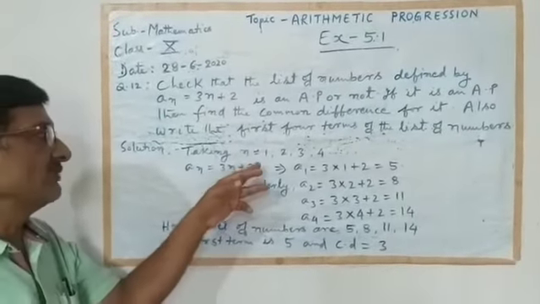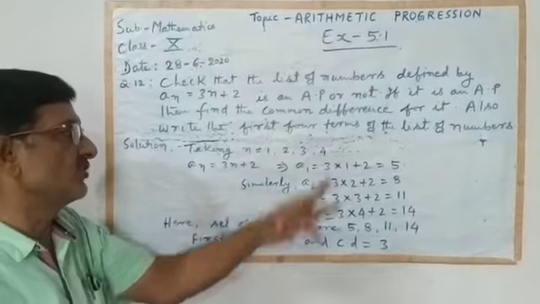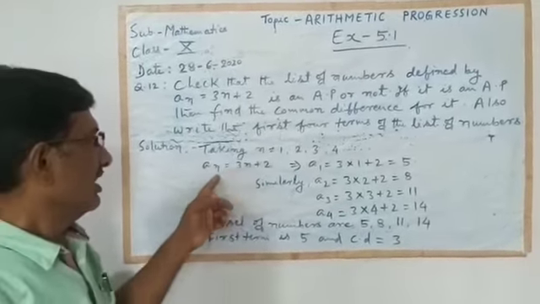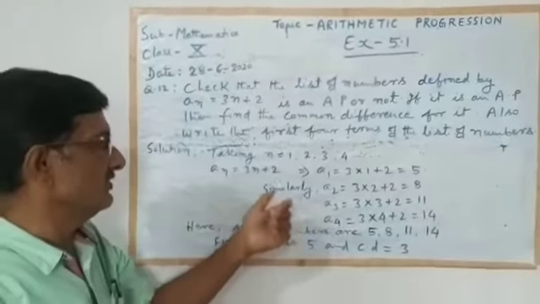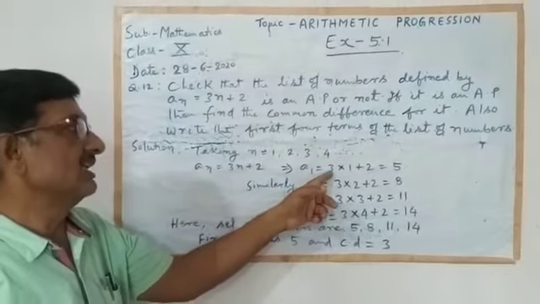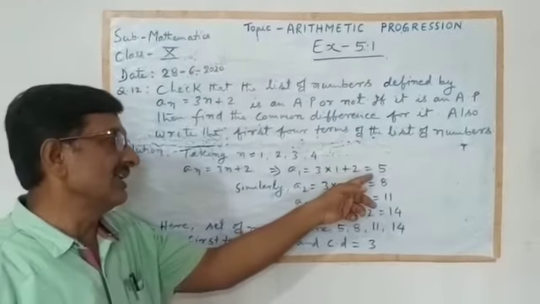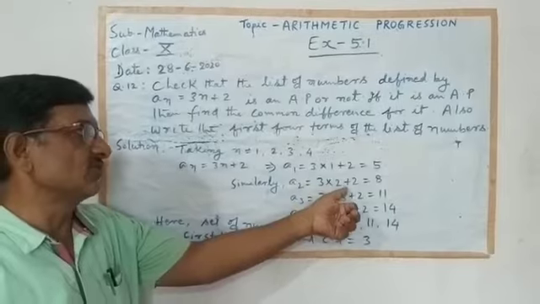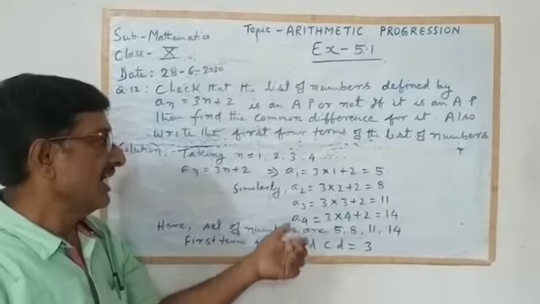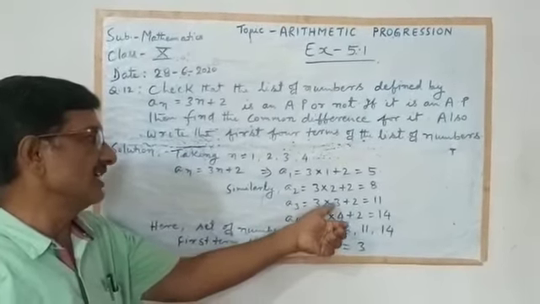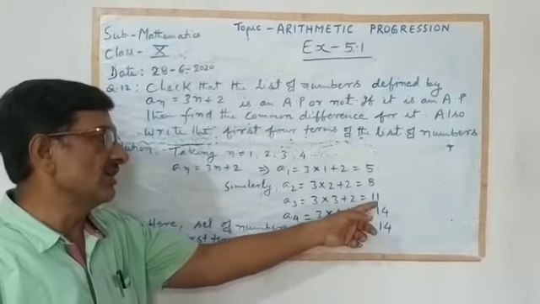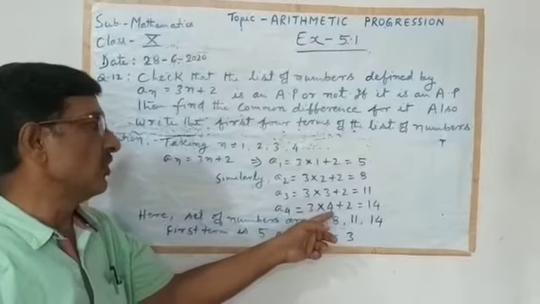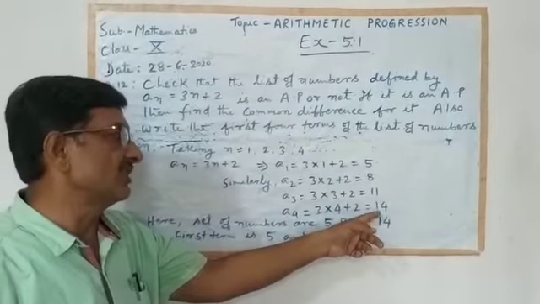When we take n equal to 1, 2, 3, 4 and so on, then by putting the values n equal to 1, 2, 3 and 4, we are getting a1 equal to 3 into 1 plus 2, that will give you 5. a2 equal to 3 into 2 plus 2, that is equal to 8. a3 equal to 3 into 3 plus 2, it is equal to 11. a4 equal to 3 into 4 plus 2, that is equal to 14.